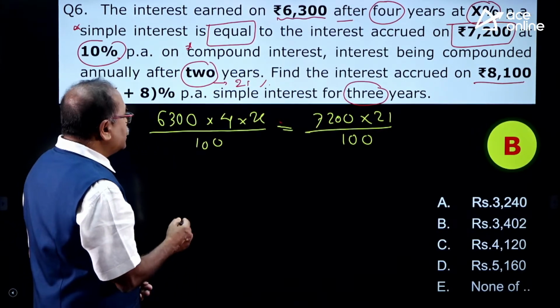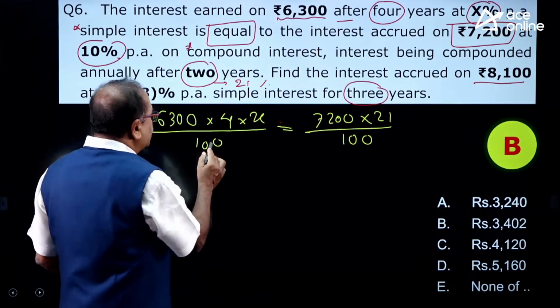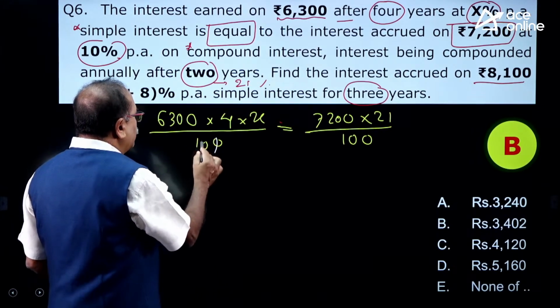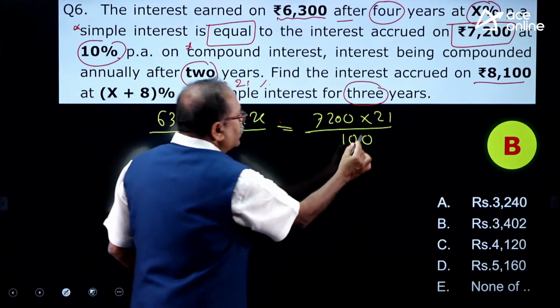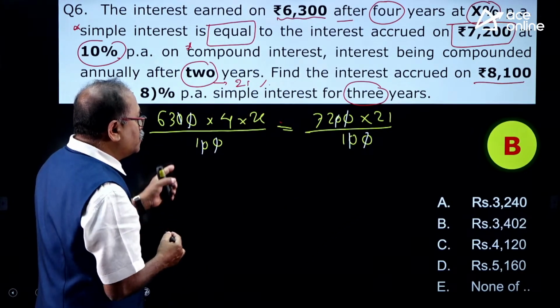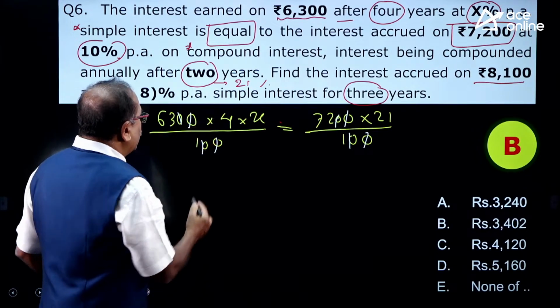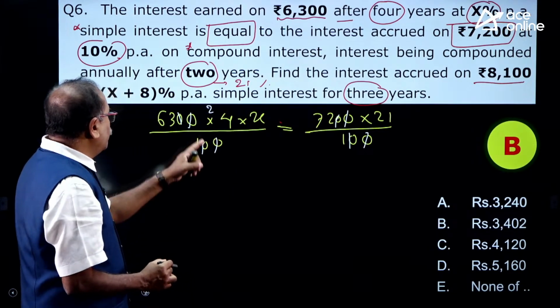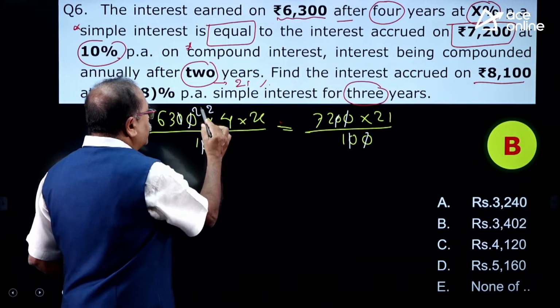By cancelling this, you notice why not cancel these zeros over here? 0, 0 gets cancelled. So I will prefer to make the smaller number over here, so the multiplication will be easy. 63 into 4, that comes 4, 3, 12 carry 1, and 4, 6, 24 plus 1 is 25.